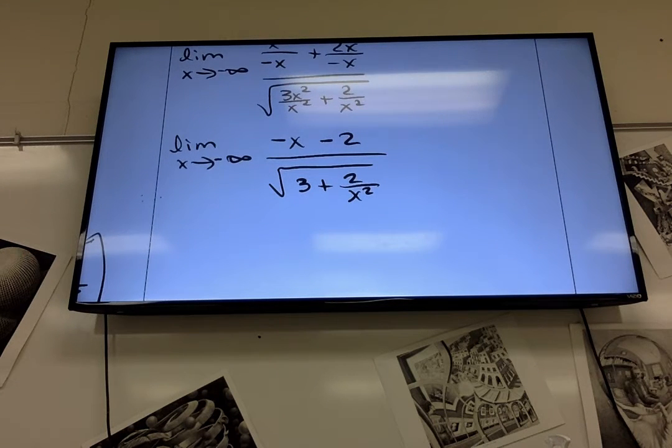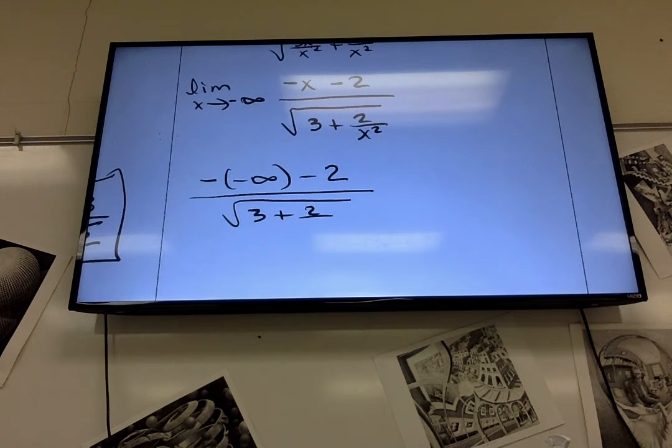Y'all good so far? Yes. Plug in negative infinity. So it's the square root of 3 plus 2 over negative infinity squared, over negative infinity minus 2. This is where I'm getting confused. Okay, well don't let it confuse you.